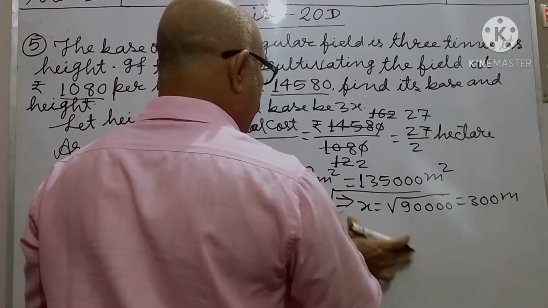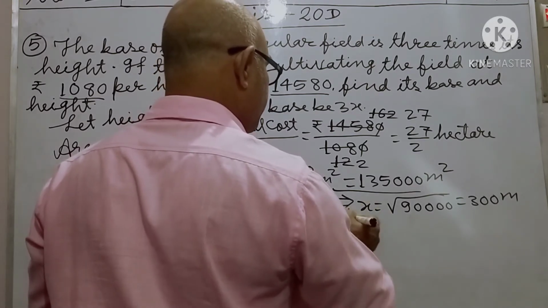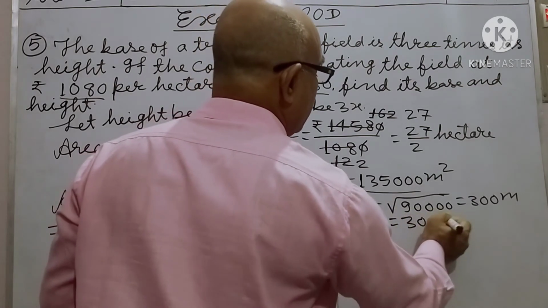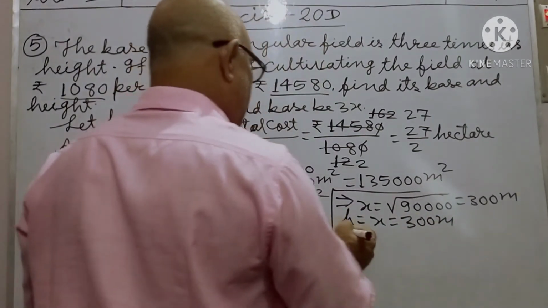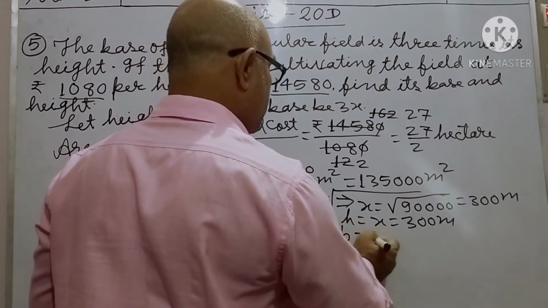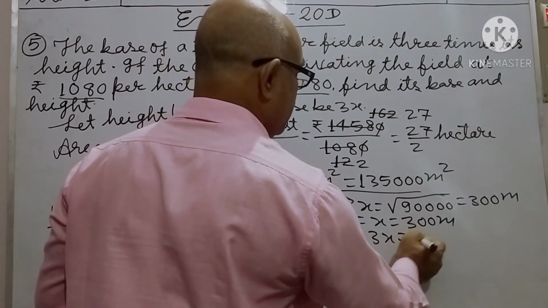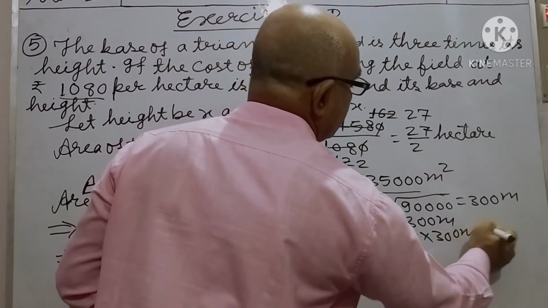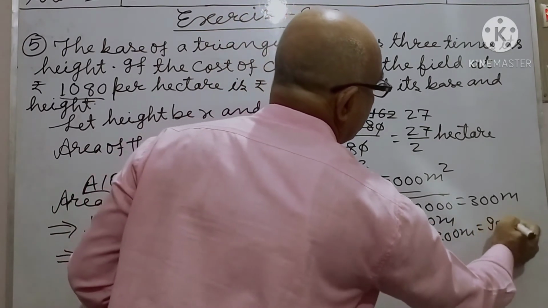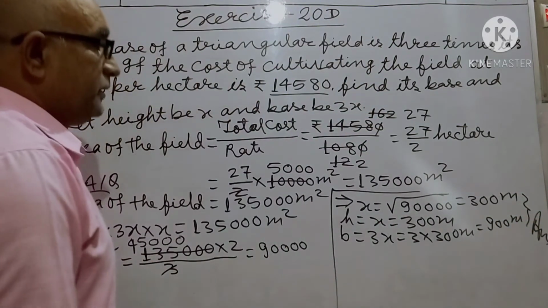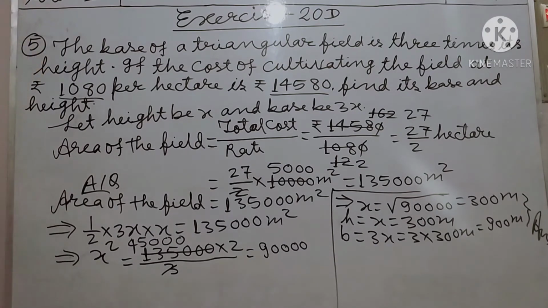So height x equal to 300 meter and base equal to 3x equal to 3 into 300 meter equal to 900 meter. Answer. Students, understand and write it.